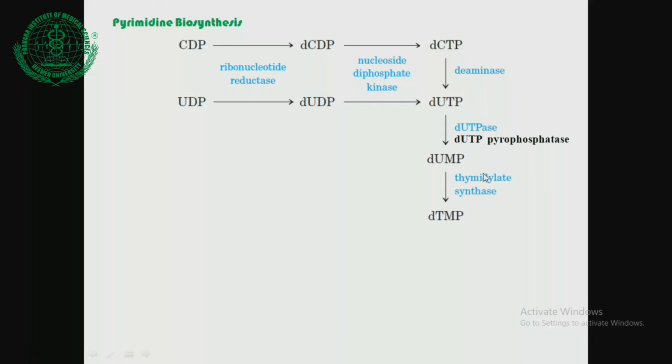Deoxyuridine triphosphate is further dephosphorylated to deoxyuridine monophosphate through the action of deoxyuridine triphosphate pyrophosphatase. This action ensures that deoxyuridine triphosphate is not incorporated in DNA synthesis.